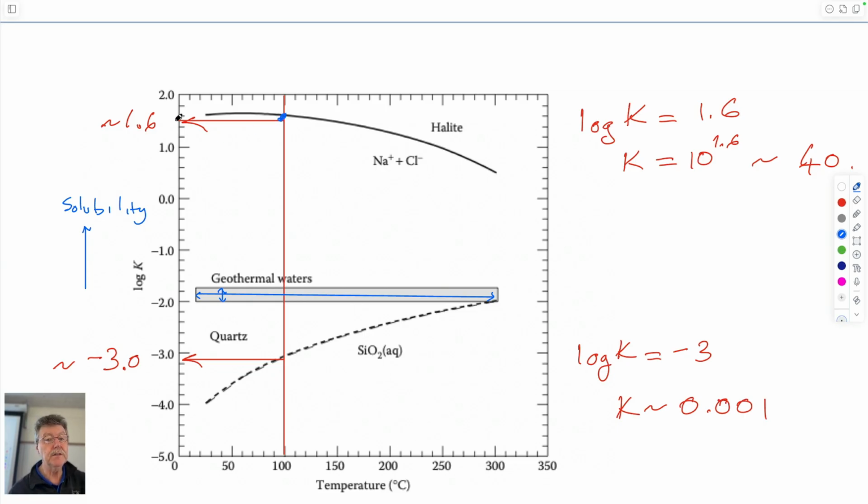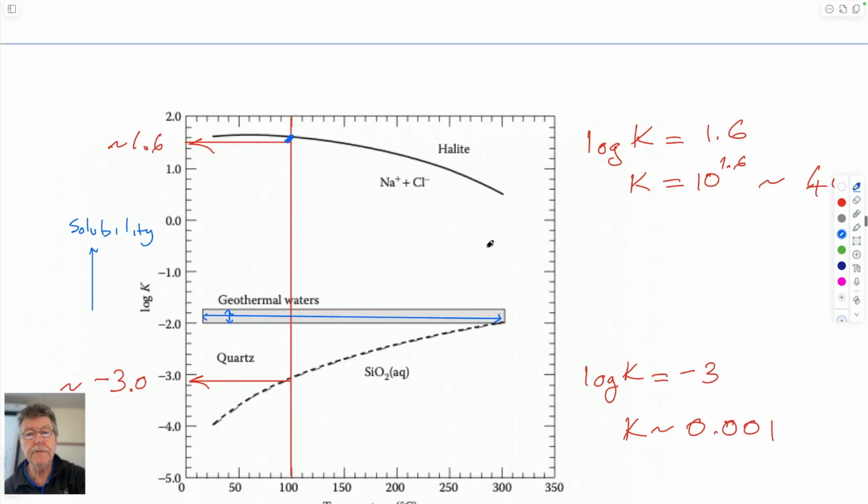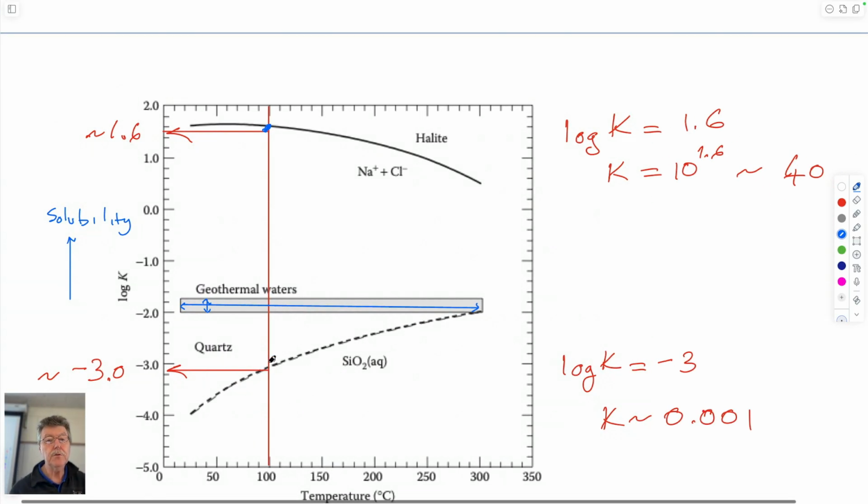So its equilibrium solubility is given by this coefficient, this magnitude. If you're above this or below it, you're either supersaturated or undersaturated relative to these. And so we can use these magnitudes to determine exactly what the equilibrium solubility would be. And so I did it in terms of sodium chloride first. So if you take sodium chloride, for instance, at 100 degrees centigrade, the log solubility is 1.6.